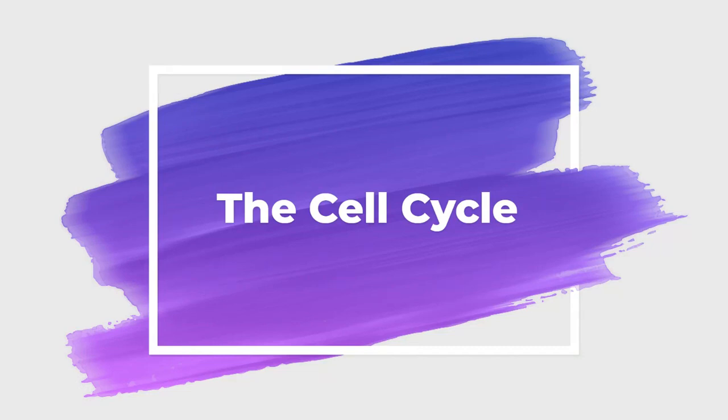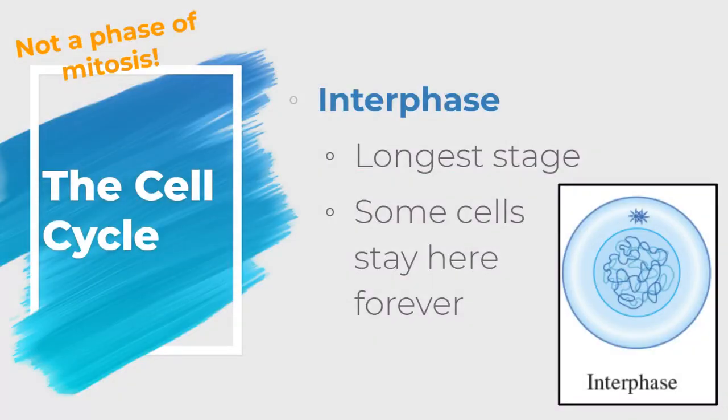So the next portion is talking about the cell cycle. Now, the cell cycle starts with interphase. So interphase, a lot of the time, gets confused with mitosis. Interphase and mitosis are separate. Interphase is not one of the stages of mitosis.